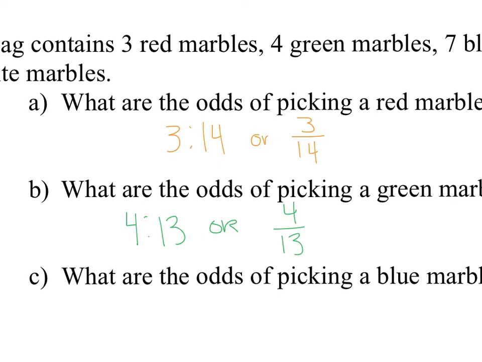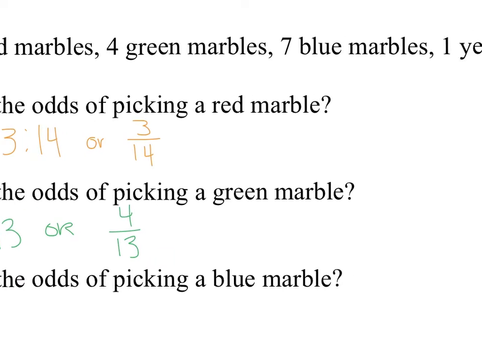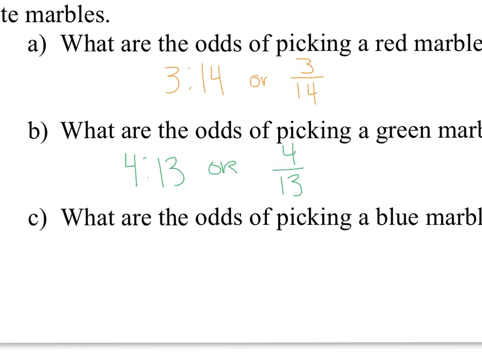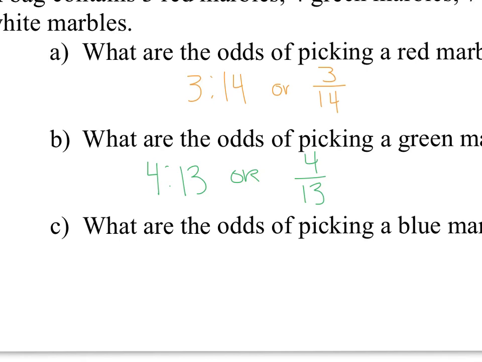And lastly, what are the odds of picking a blue marble? How many blue marbles are there? 7. So 7 would be the favored number. 7 marbles are the ones we want. So 17 minus 7 leaves us with 10 that would be unfavored.